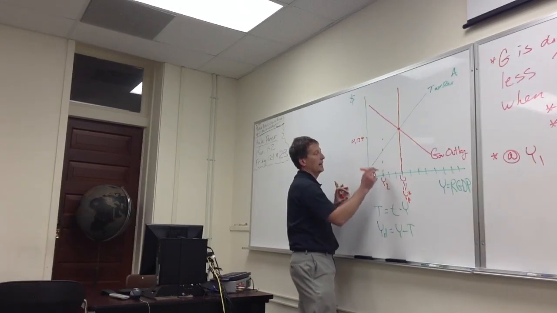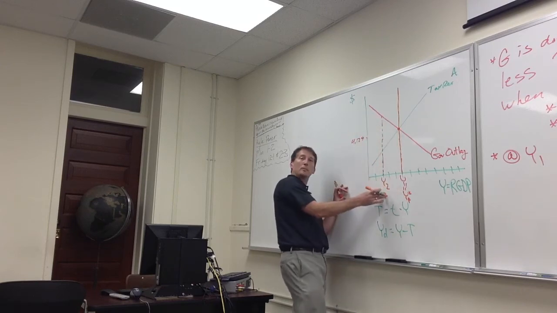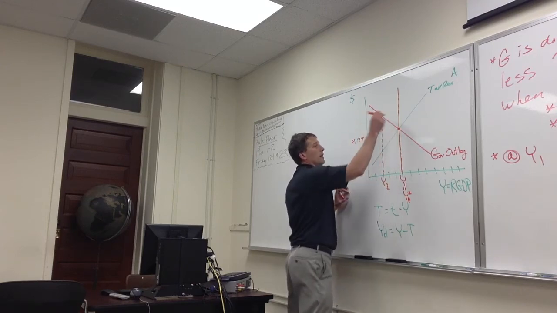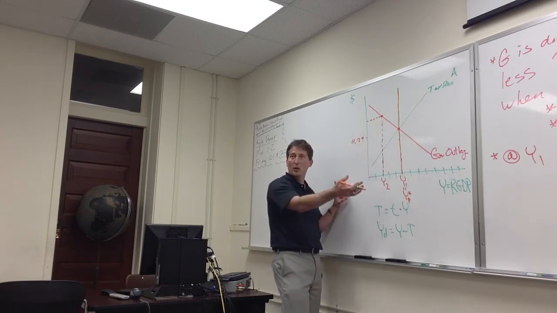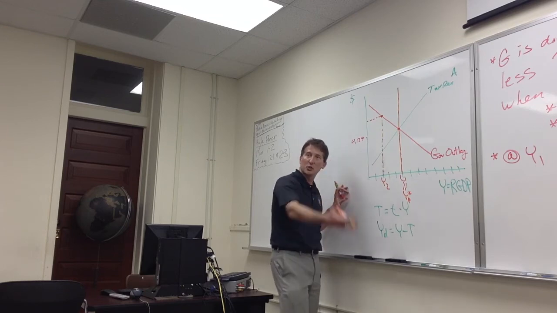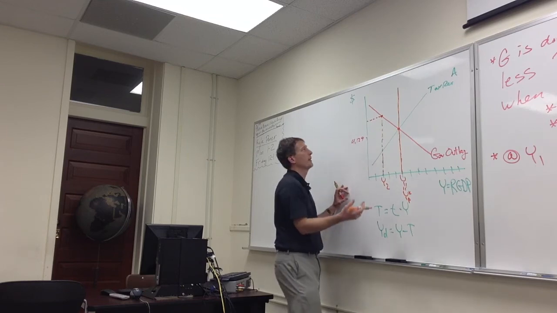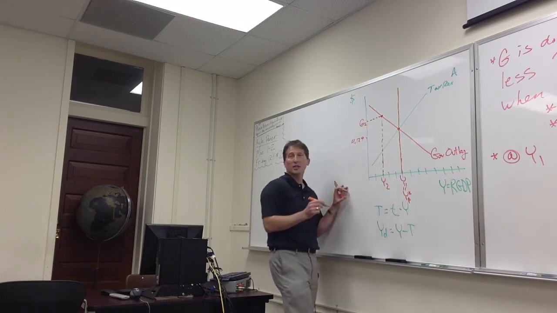There's a deficit, right. So at Y2, when the economy has slumped, then government spending goes up. Why? Because people are unemployed, so they're getting unemployment claims. More people went on welfare. All of a sudden the social programs kick in, right? And so the level of G at Y2 is G2.